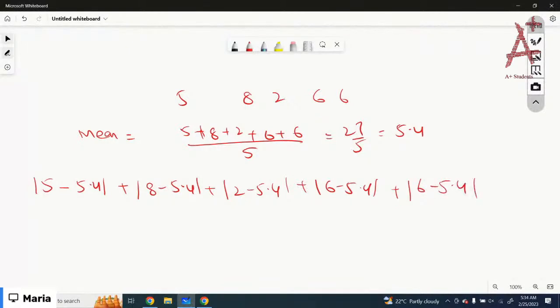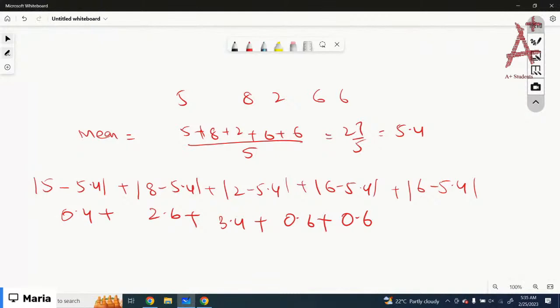Let's subtract each value. 5 minus 5.4, that is 0.4. 8 minus 5.4, that is 2.6. 2 minus 5.4, that is 3.4. 6 minus 5.4, that is 0.6 and 0.6.